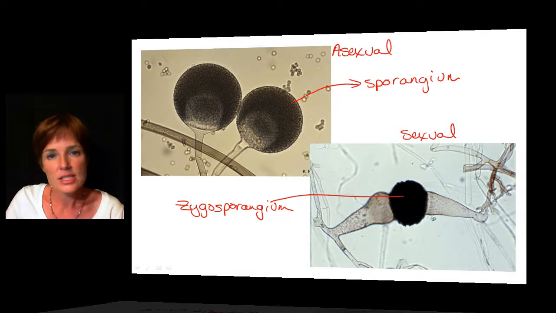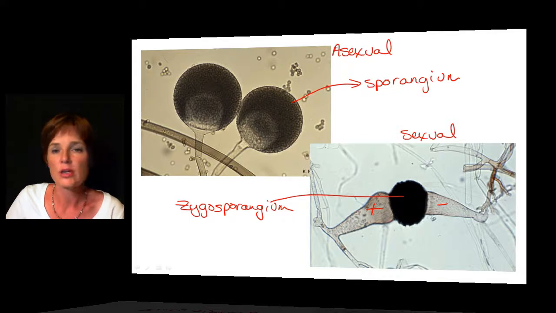Now in this case, since this is sexual reproduction, we're going to have two sexually compatible strains. We can call that a plus and a minus. Those are going to end up fusing with each other to form a zygote, which will then undergo meiosis to produce the zygospores. So since these zygospores will result from the process of meiosis, they are going to be genetically different from each other.